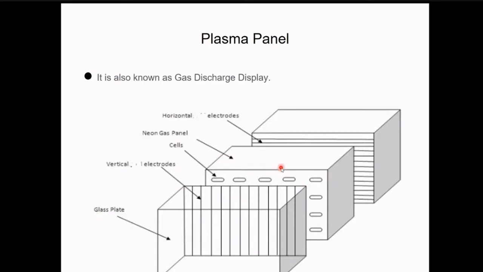Each and every pixel will have this, and we'll try to charge it up with some voltage. Once it gets charged up, it will illuminate the neon gas panel. Once we get this charged up gas panel, or the cells, it will illuminate that particular color, or get illuminated with a simple white color.